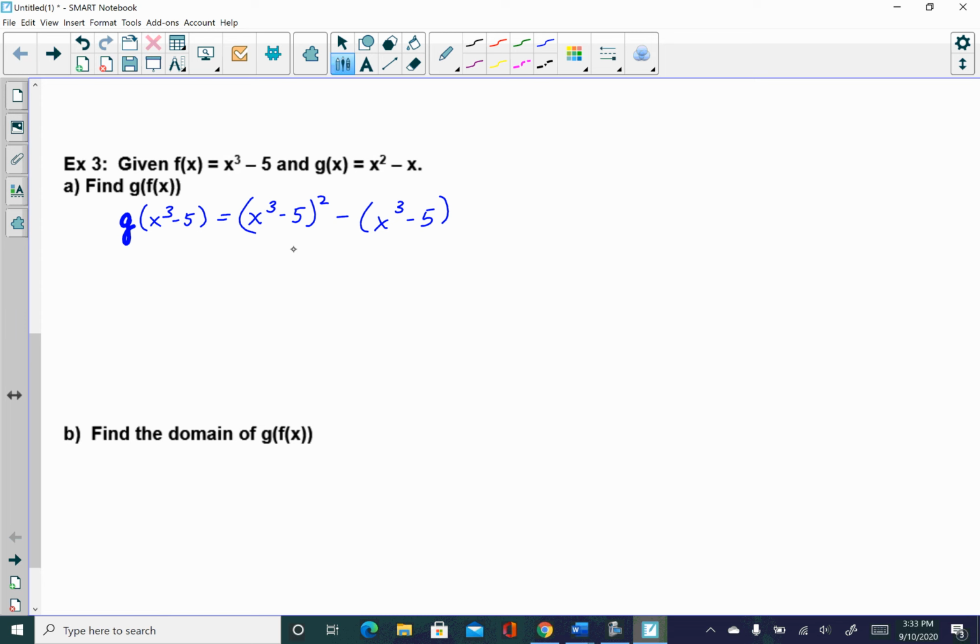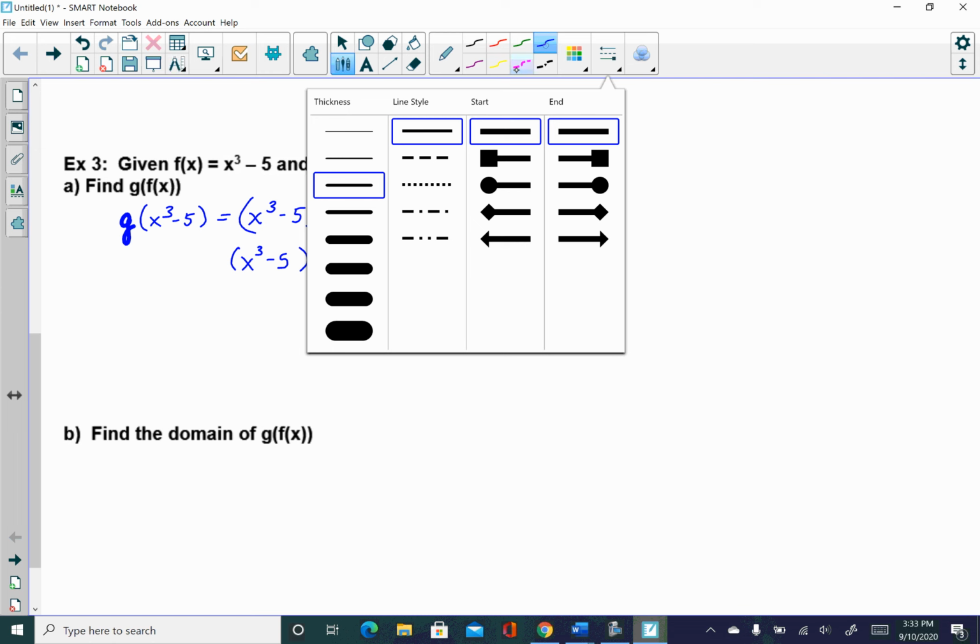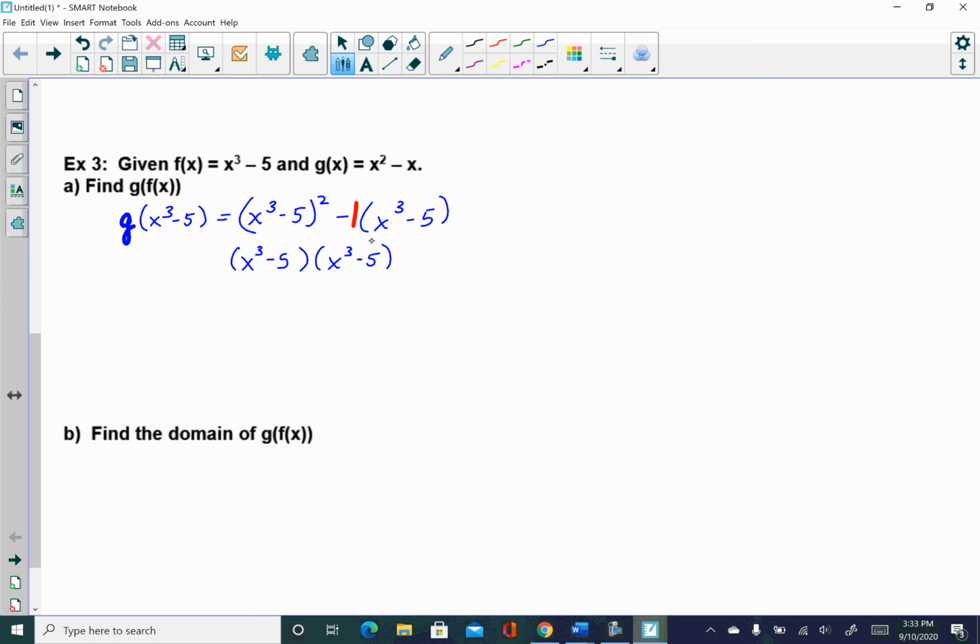Now we take this (x cubed minus 5) squared, remember that's in parentheses, so I need to write it twice. (x cubed minus 5) times (x cubed minus 5), because I'm going to need to FOIL that. This, as we've said before, has a -1 that needs to be distributed to the back here. So let's do that. Minus x cubed, negative times negative, +5.